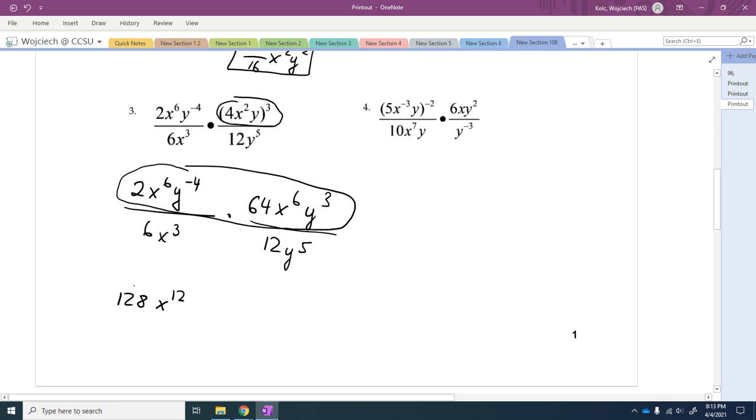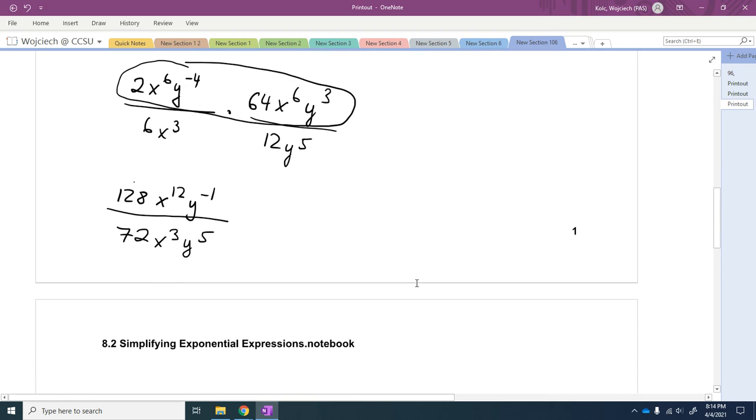And y to the negative 4th times y to the 3rd is y to negative 1, over 6 times 12. 6 times 12 would be 10 times 6, 60, plus 12, that would be 72. x cubed, y to the 5th.